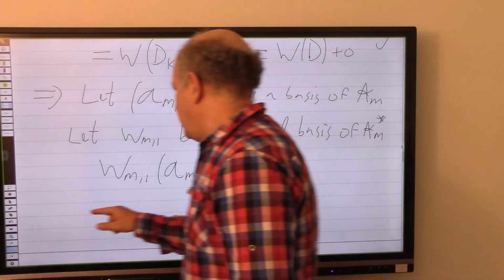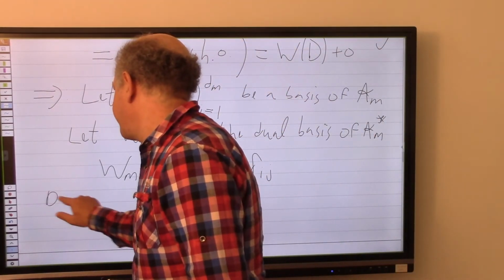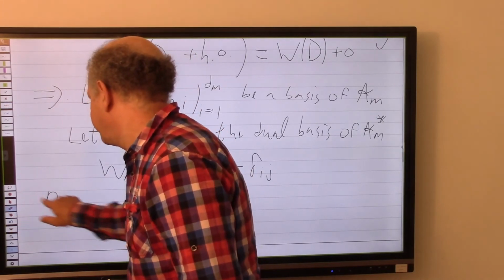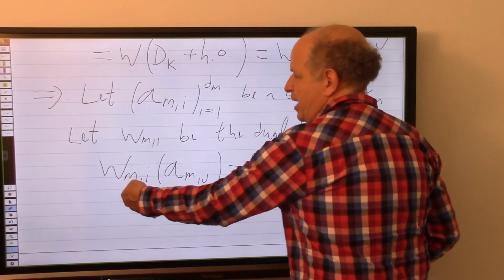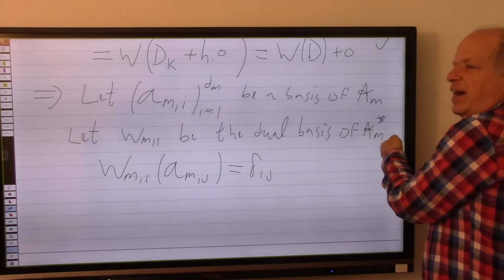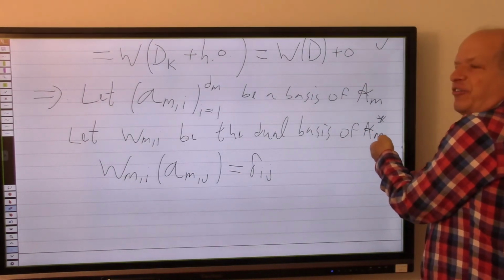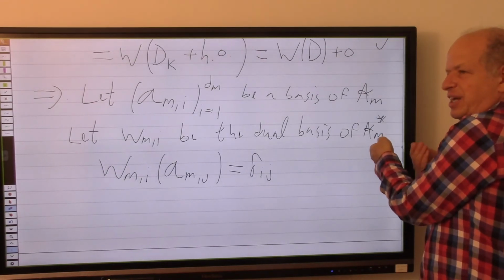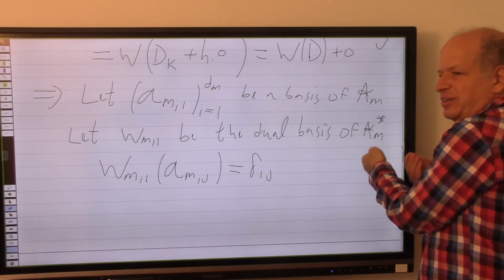And now define, oh, sorry. This W_mi is a linear functional on A. And we have assumed that every linear functional comes from an invariant.